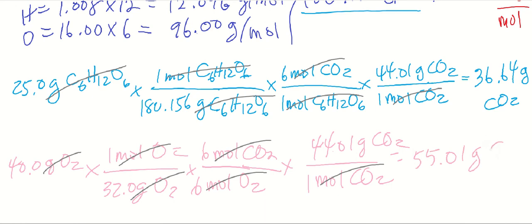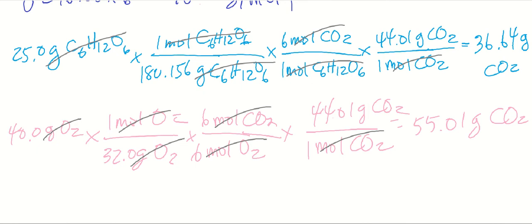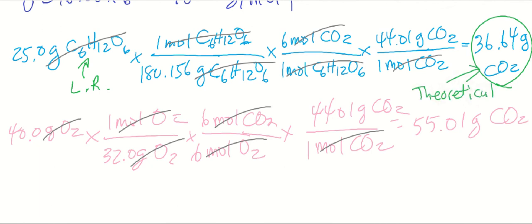It's 55.01 grams of CO2. All right, so now we know which one is the limiting reagent, and that's going to be the one that leads to the fewer amount of product. So glucose is the limiting reagent. This here is the theoretical yield.